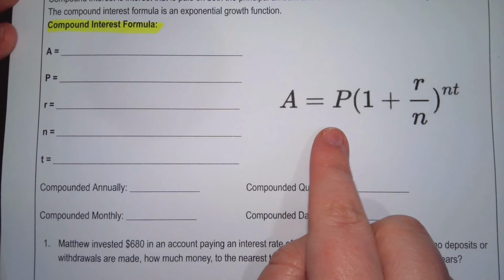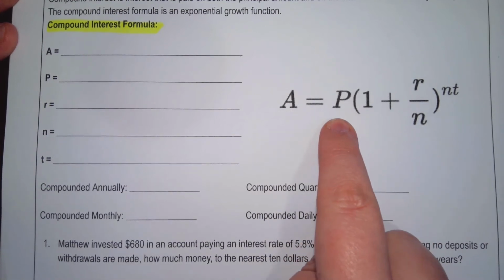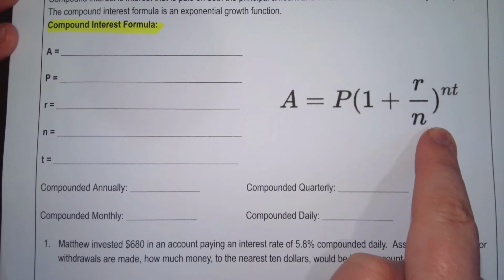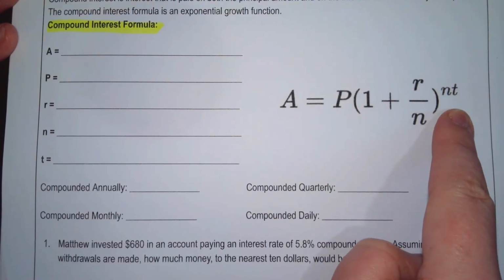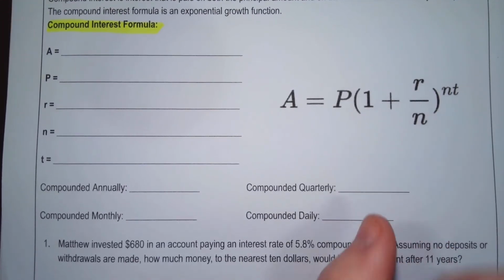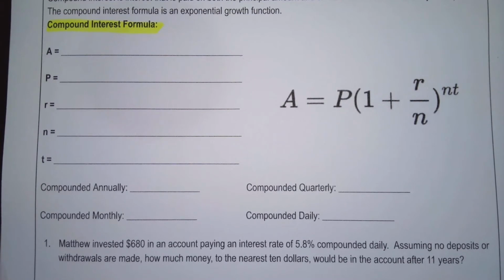So it's A is equal to big P, parentheses, 1 plus R over N, close parentheses, to the power of N times T. Lots of variables to be accounted for here, and you want to make sure you're plugging them into the correct spot. So let's go over what each of the variables represent.